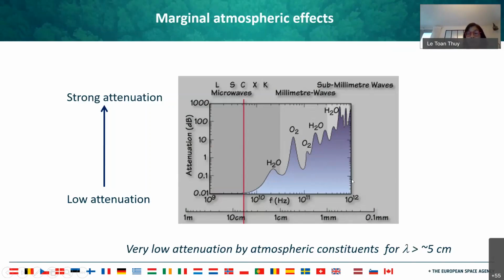Here you go from sub-millimeter wave, millimeter wave, and microwave, where we'll see later X, C, S, L, and P-band. The attenuation is very low, starting at say 5 centimeters, C-band is 10 centimeters, and for P-band at 70 centimeters is quite low.